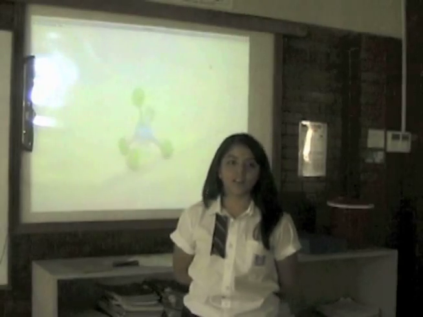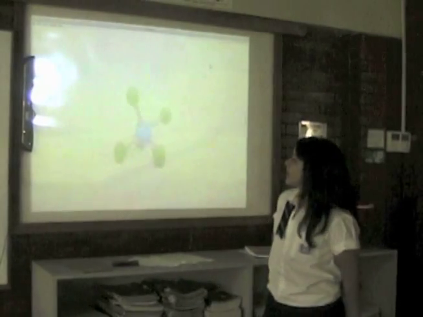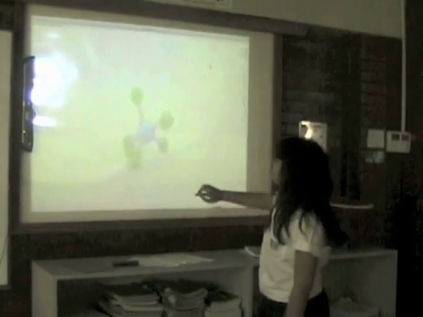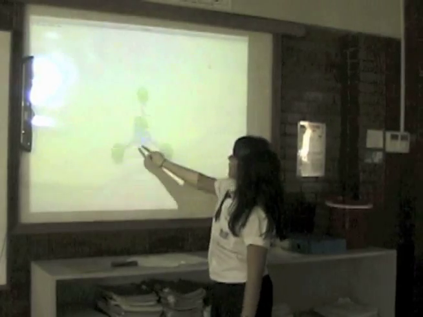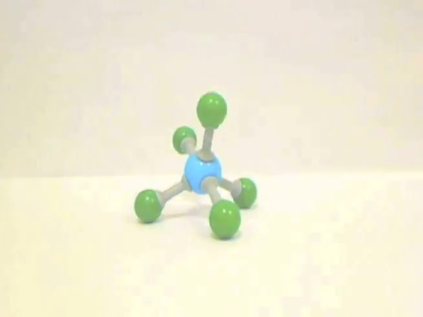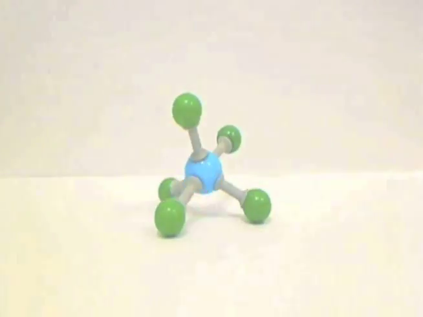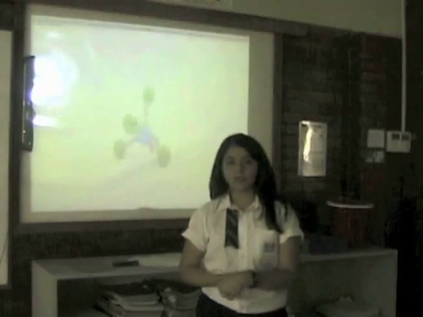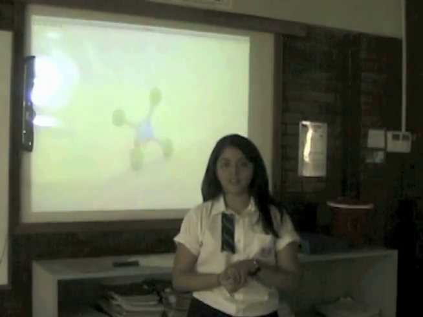The bond angles of this molecule, there are 2 of them. Here we can see the 90 degrees and the 120. The hybridization of this molecule is dsp3 due to the fact that it doesn't follow the octet rule, so that is why you have the d subshell.